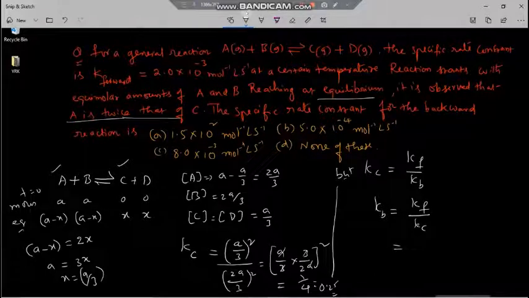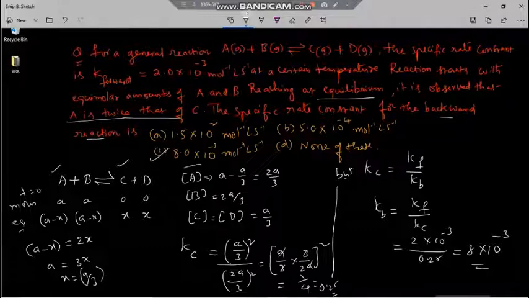They have given the Kf value in the problem as 2 into 10 power minus 3, and the Kc value we have calculated is 0.25, which is also 1 by 4. So 1 by 2 divided by 1 by 4 is 8. So it will be 8 into 10 power minus 3, the specific rate constant for the backward reaction. So the right option for this question is option C.